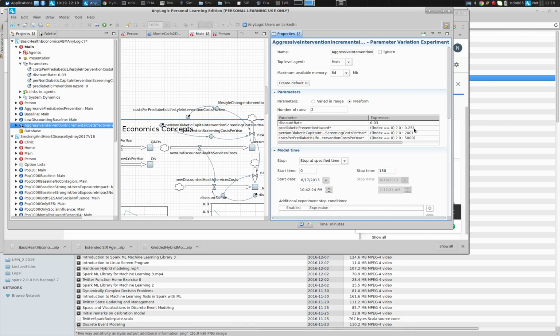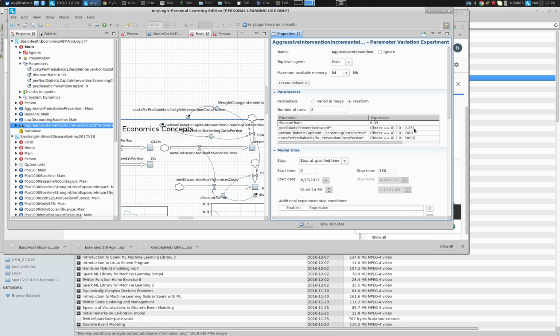On a per year basis, there's a hazard of 0.25 of returning from pre-diabetes. So approximately speaking, about 25%, a bit less, of individuals who are pre-diabetic will go back to the normal glycemic state every year with this intervention.